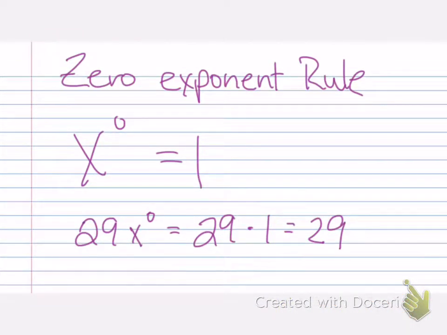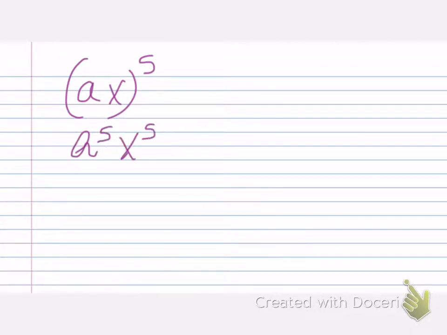The zero exponent rule means x to the 0 is equal to 1. 29 times x to the 0 is still equal to 29 to the first, 29 times 1, which is still 29. One thing I want to let you look at too for the final rule is the distribution rule. If I have a x quantity to the 5th, then that's going to be the same as a to the 5th, x to the 5th.